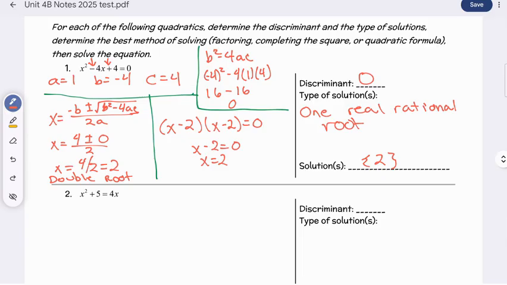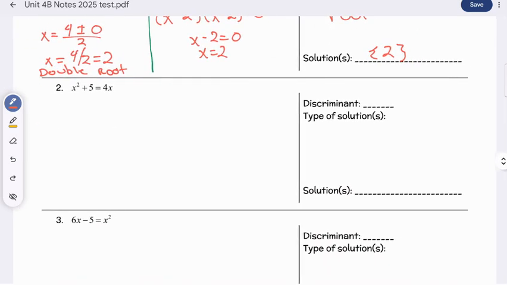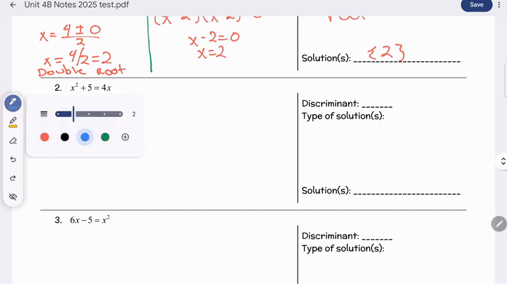Now if you notice, if we wanted to complete the square, well, we already kind of did, because x minus 2 squared is going to be in vertex form. It's just that our value of k is going to be 0. If that breaks your brain, don't worry about it. You have two different ways right here that you can find the solution that you're looking for. So let's move on to our next example.